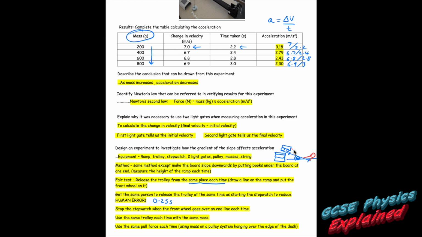So, just like that. And this weight here would produce the pull force, so that's the same pull force each time. To be honest, that is a better answer when you were talking about the mass. You probably don't need to do that because the slope will actually pull the trolley down.